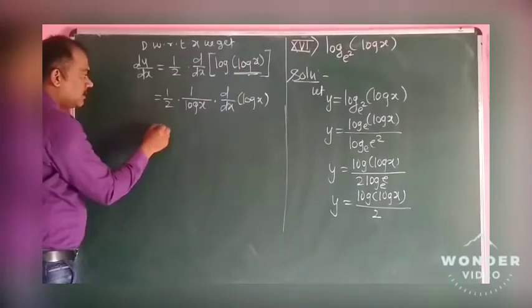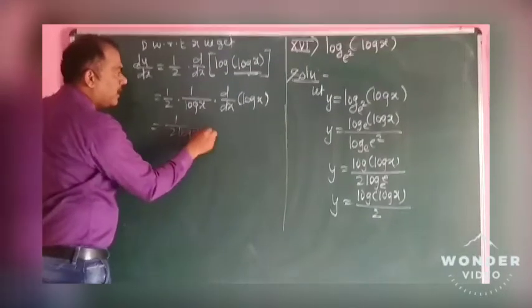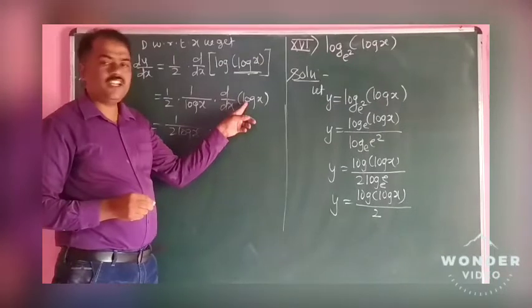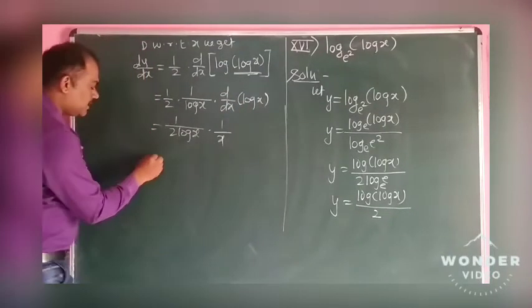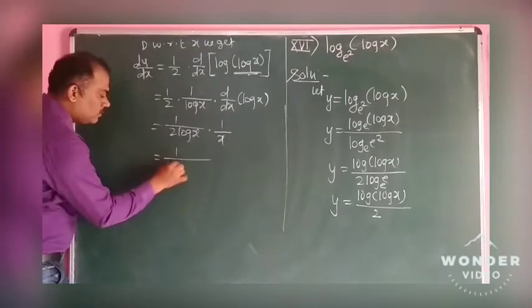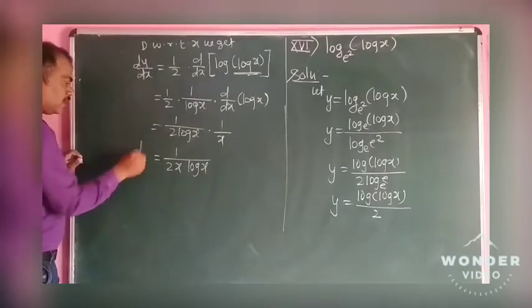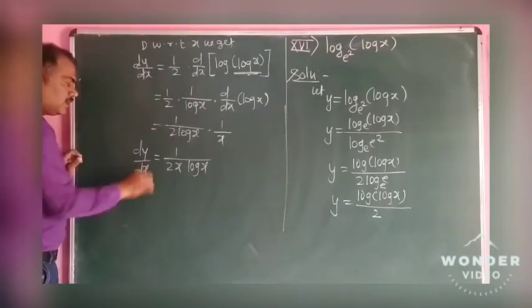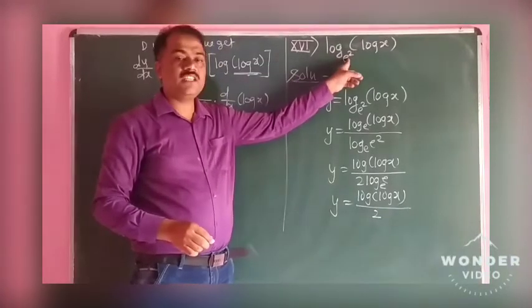That is 1 upon 2 times log x into the derivative of log x, which is nothing but 1 upon x. That is 1 upon 2 times x into log of x. That is the required value of dy by dx, which is the required answer for log of log x to the base e square.